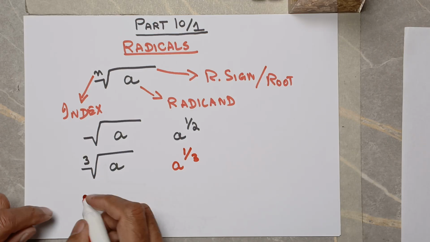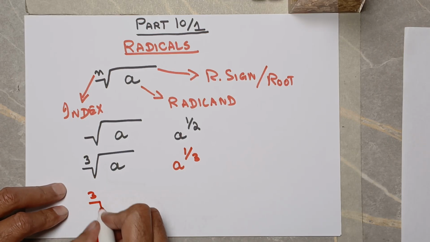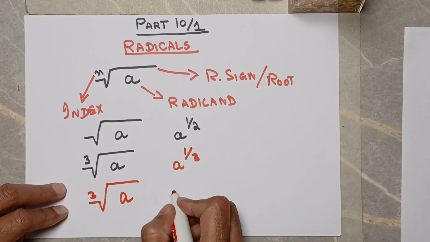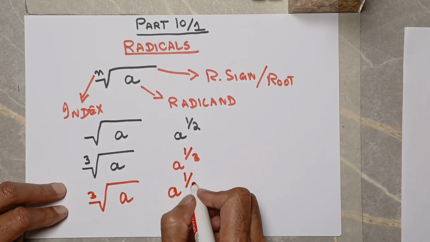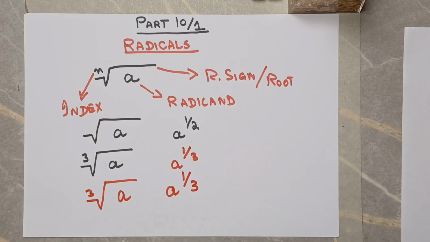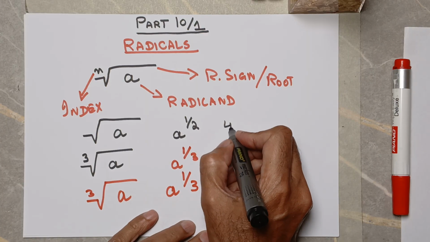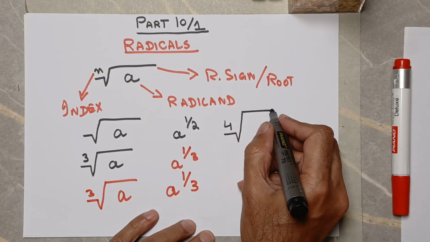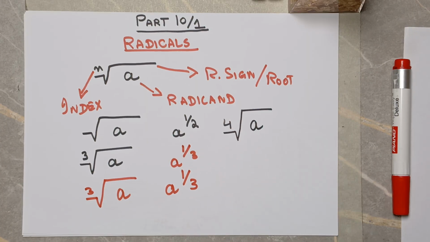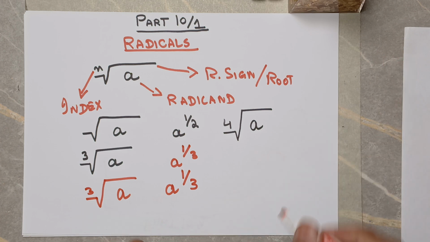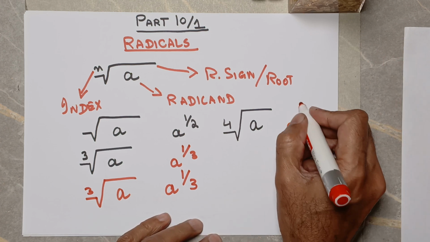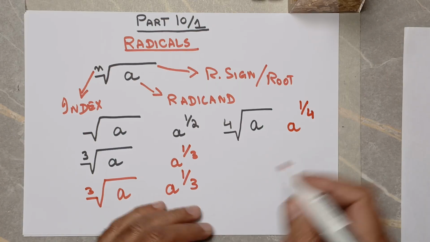Let me write it again. 1 by 3. And similarly with the fourth root, the value will be 1 by 4.